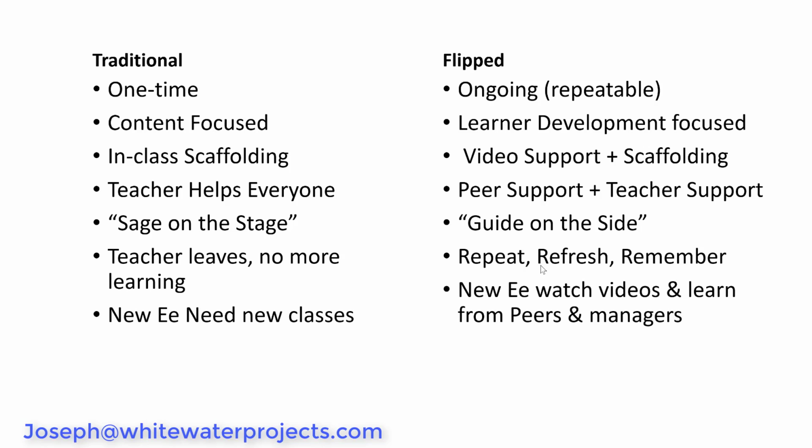In the traditional world, if you have new employees, you need new classes, or they just have to learn by osmosis. Osmosis doesn't work well, I'll tell you that, and new classes are expensive. In the flipped classroom model, if you retain access to the video library, then the new people go and watch the exact same videos that everyone watched, right?